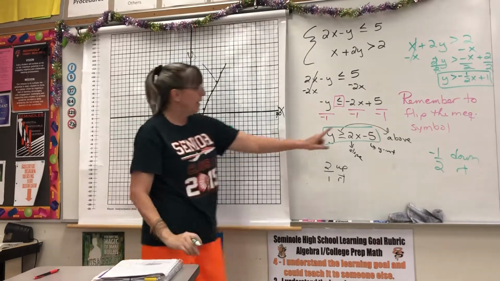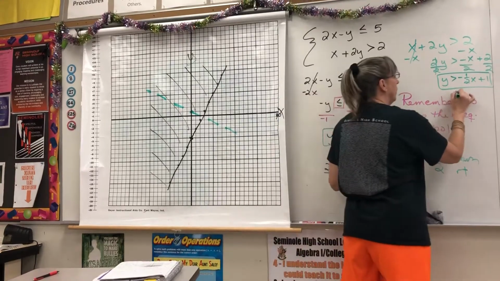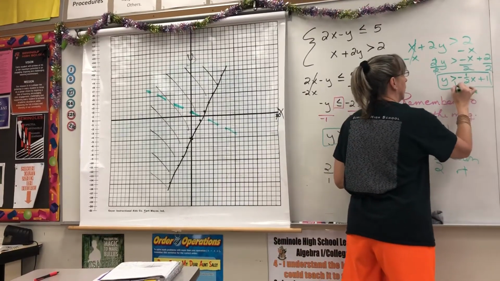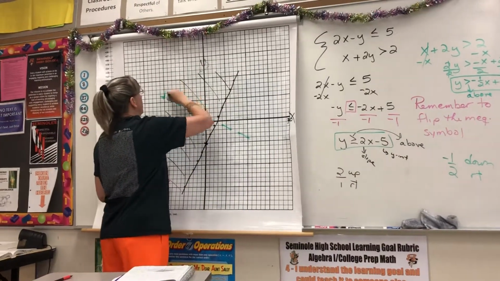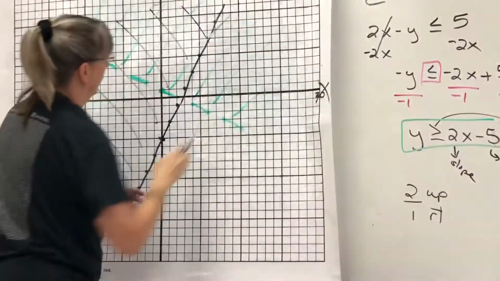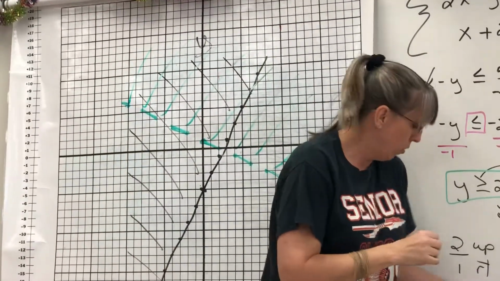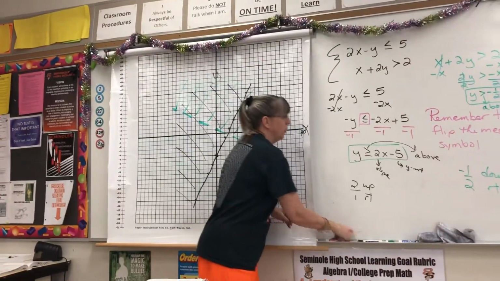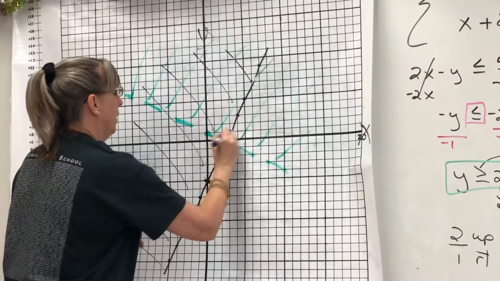Okay, and greater. Greater is above. Okay, shade above, which would be in this direction. Okay, and your job is to find where they overlap. I guess I'll pick purple here. And they overlap here.